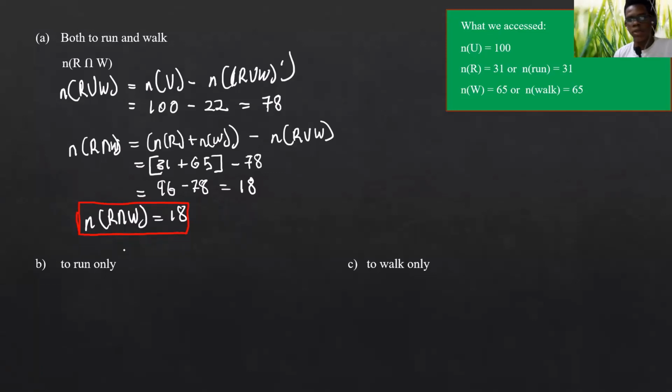And now we want the number of elements in R only and the number of elements in W only. And we know this, right? This is from the first example I showed you. If we want the number of elements in the onlys, the notation for that would be this: we need to subtract the intersect from the number of elements in that set.